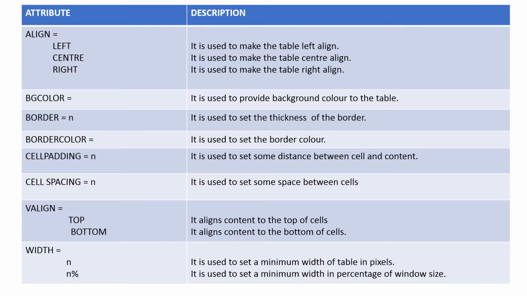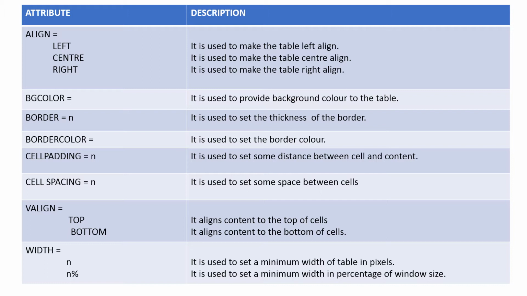Suppose I want to add red color to the table, so I will write bgcolor is equal to red in the table tag. So in this way you can add the background color to the table. How we are going to write these attributes in the HTML code, that also I will show you.